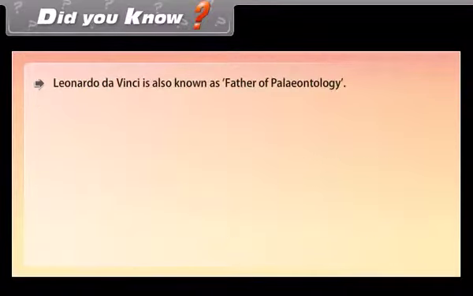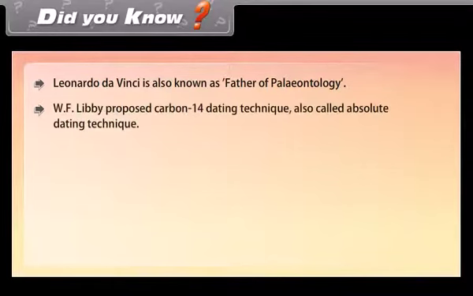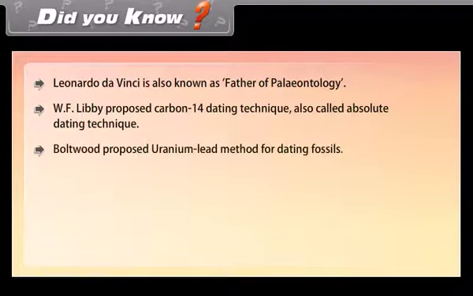Leonardo da Vinci is also known as the father of paleontology. W. F. Libby proposed the carbon-14 dating technique, also called absolute dating technique. Boltwood proposed the uranium-lead method for dating fossils.